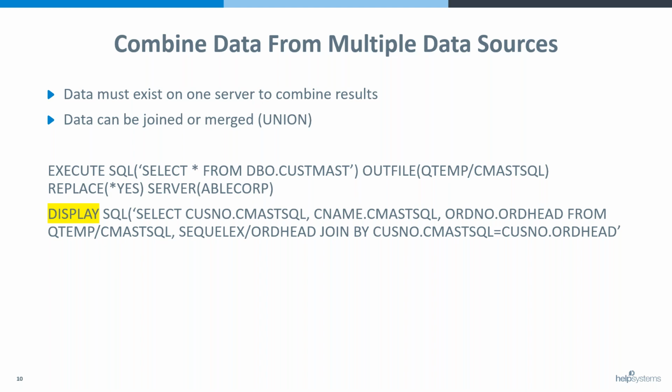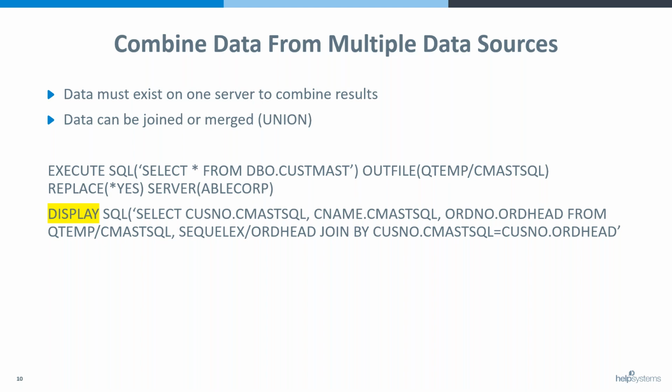In my case, it's named Able Corp, and so I just fill in that server parameter on the execute command. And I'm using just a quick SQL statement because I want to select all the fields, all the records from the cusmas file over there. And I bring them back here, back locally to the IBM I in an out file in qtemp that I create.